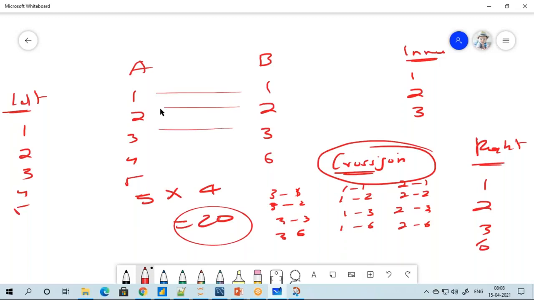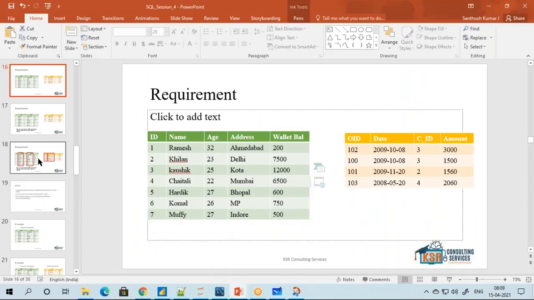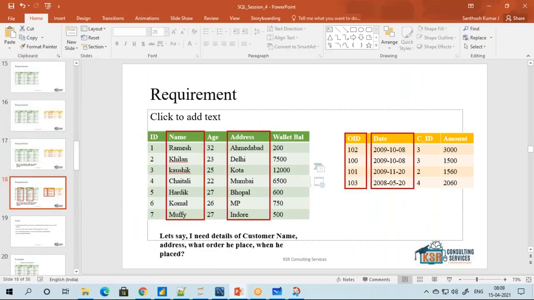Okay, now I'll give you one assignment. Let us see who tells me the answer. In my requirement, initially I wanted to join two tables from this, two tables from this. I basically went for something called inner join.